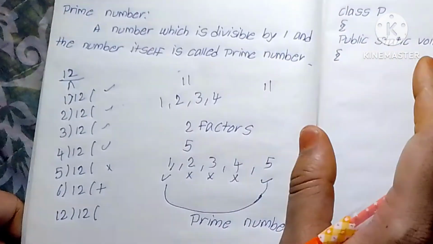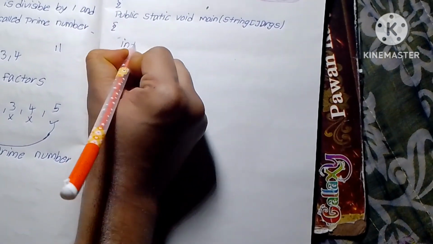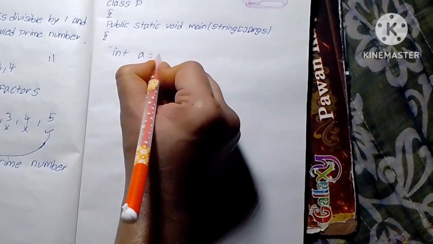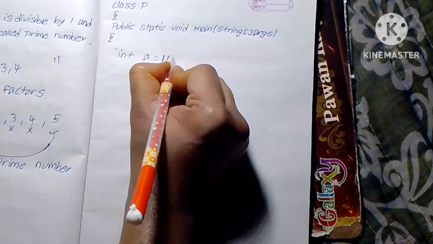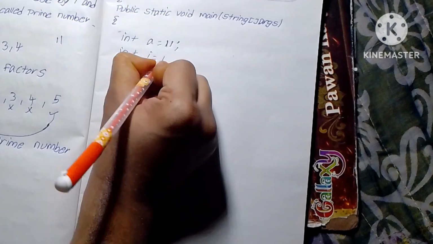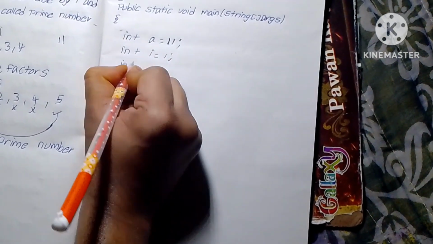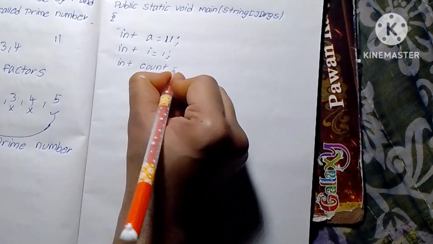Let us convert it into a program. So let us know how to write a prime number program. Let us take a variable int a is equal to 11 and int i is equal to 1 and int count is equal to 0, because count should start with 0.